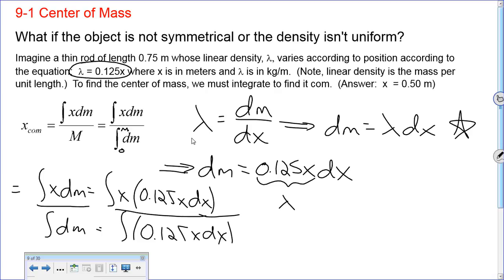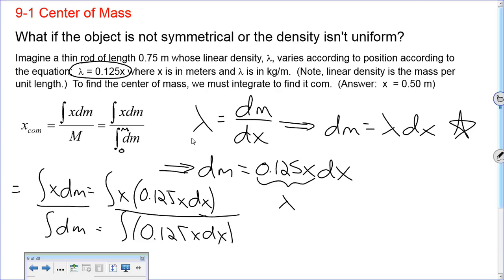All right, now, the last thing, and we'll have to finish the math up tomorrow. I'll save this and we'll pick up here tomorrow. So in order to integrate, we need to know our bounds, right? Well, look, now our integration is with respect to x. So if you read the problem, it says, imagine a thin rod of length 0.75 meters. So where do I want to integrate from?